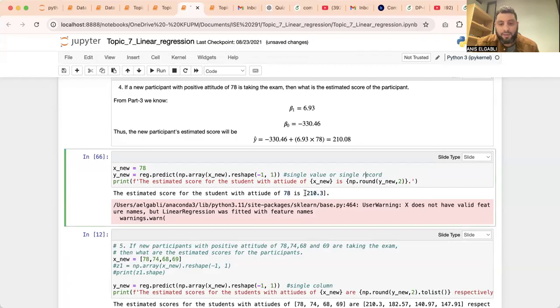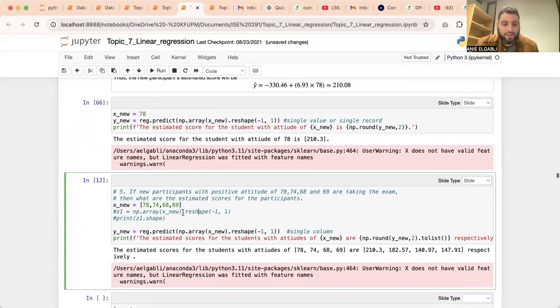It's inside the brackets, but it's only one because this is more general. It can take more than one input. For example, let's take this one here. These are new points, and we want to predict or estimate the value for the score for each one of these given input attitudes.